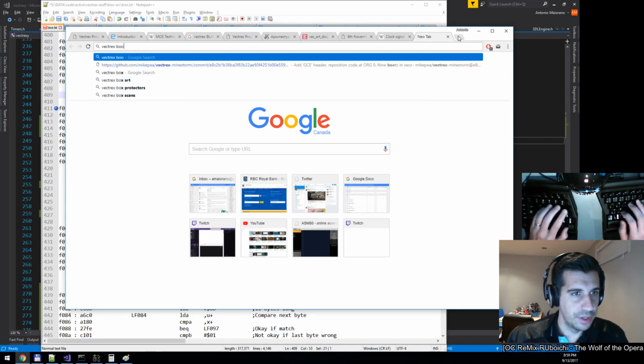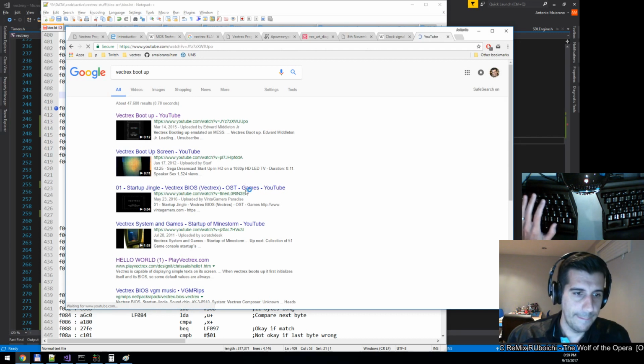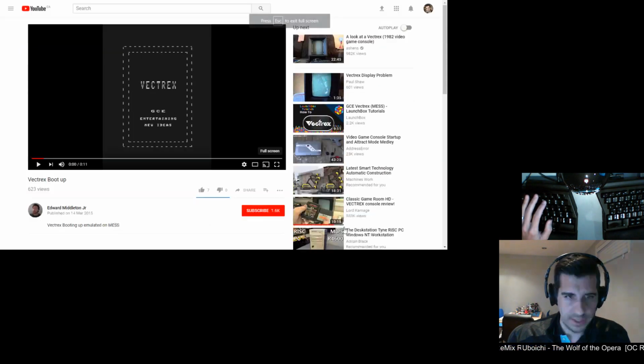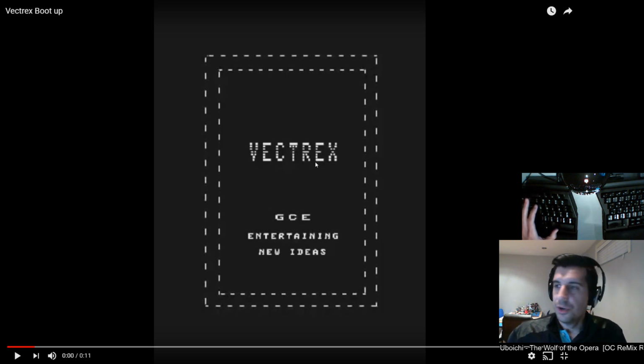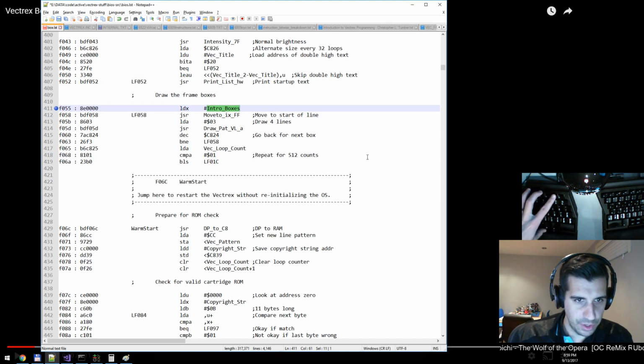I'll show you here. If we look up the Vectrex boot up, see these lines here? There's like an inner box and an outer box, right? So in fact, we see here load X intro boxes.